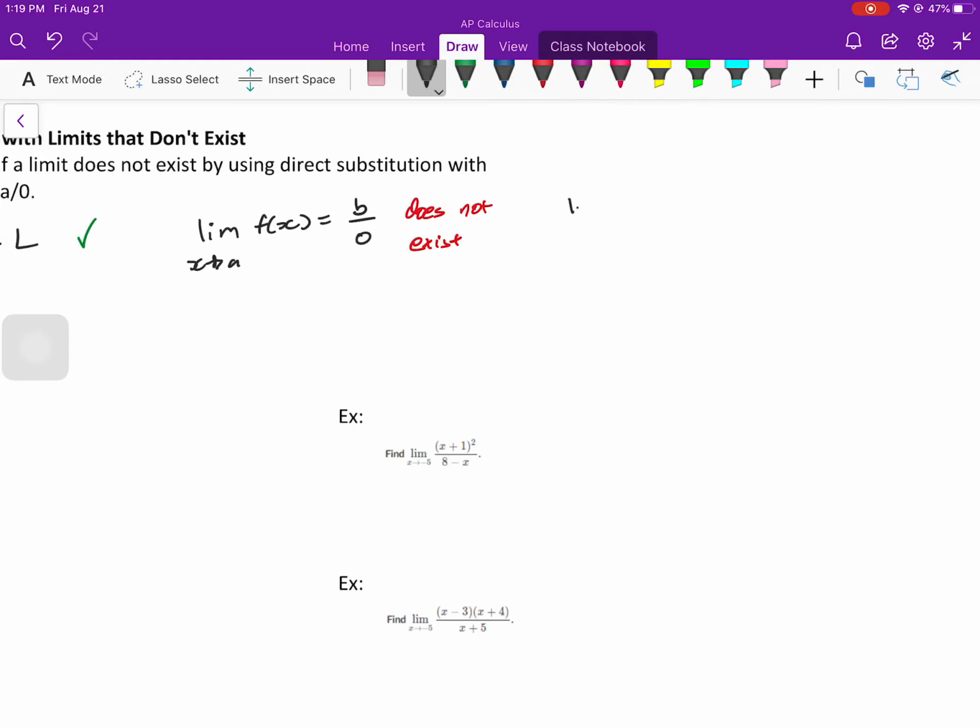And then the limit, let's just say we get 0 over 0, then more work needs to be done. The limit probably exists, but we're going to have to approach this in a different way, which is honestly where we're going to spend most of our time in the algebraic limits.